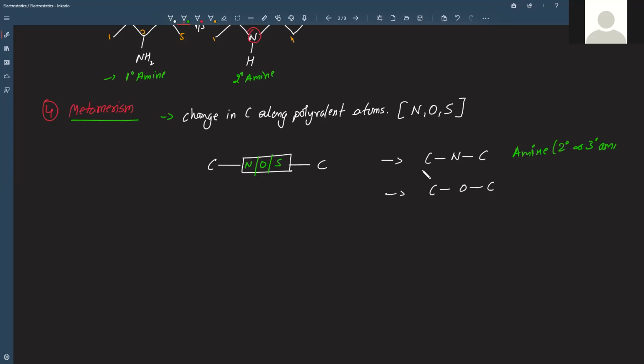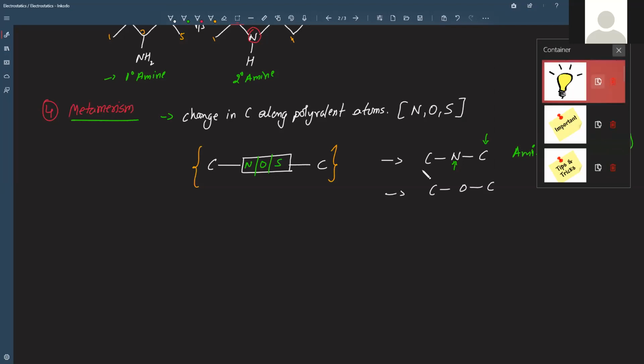There cannot be a 1-degree amine, because for a 1-degree amine, this carbon has to be H, and here also there has to be H. In that case it is a primary amine, and the carbon, nitrogen, carbon structure which we have seen should be our main structure.